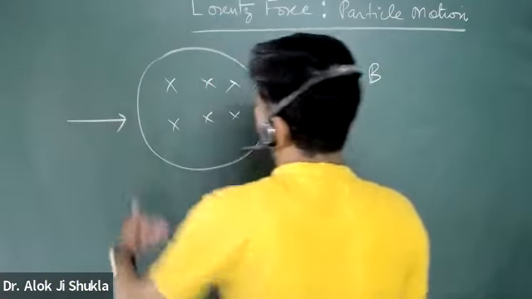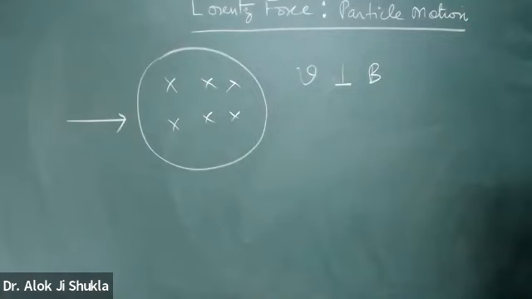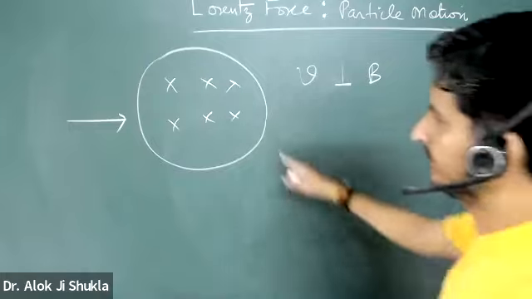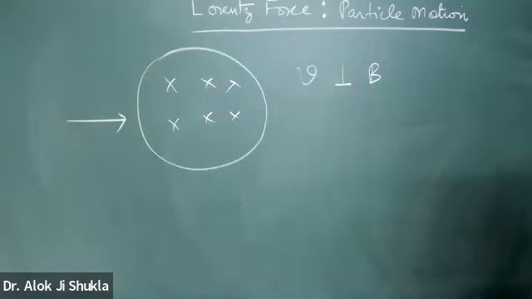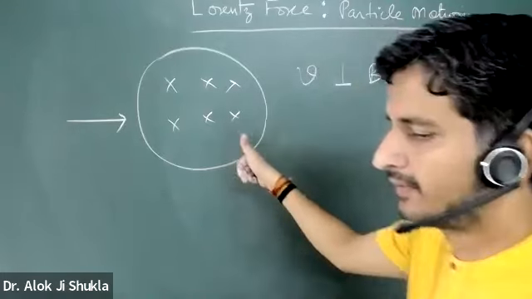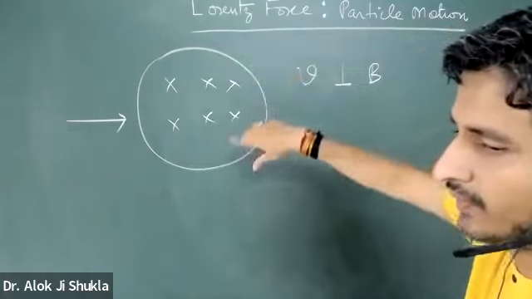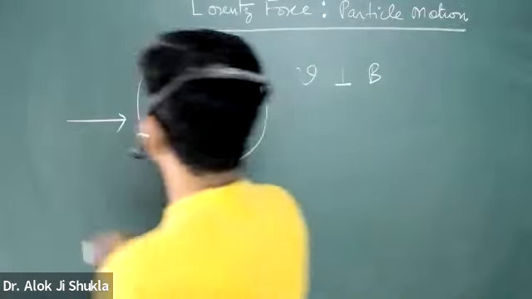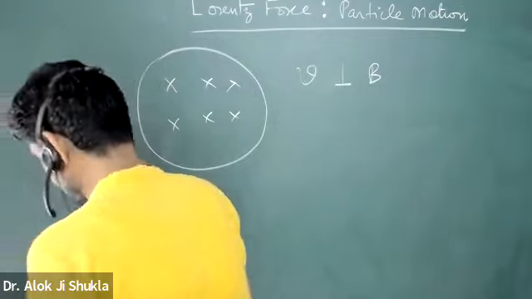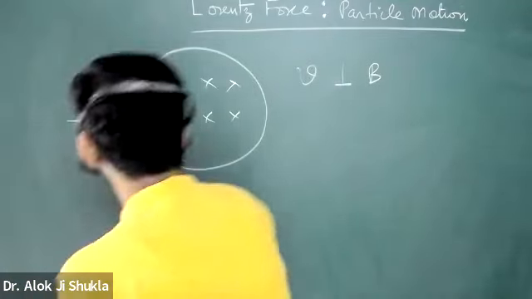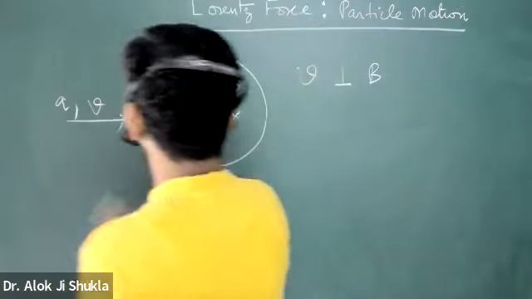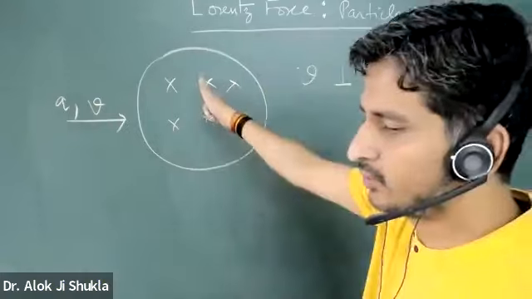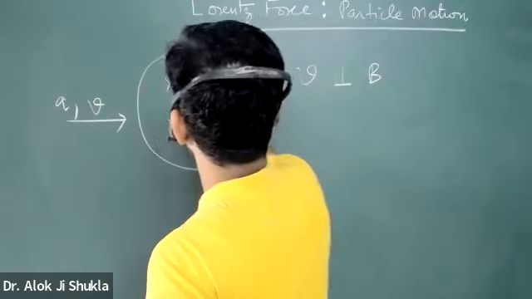It enters like this, so it is just perpendicular to the magnetic field. So it will start making revolutions like this. So what will be the direction? It will be the direction of centripetal force that will decide कि ये clockwise होगा या anti-clockwise होगा. Suppose this is the velocity, so you will take V cross B if it is a positive charge Q. V cross B means center is towards this, so that means it will make this type of revolution.